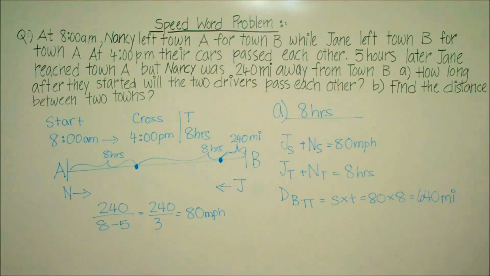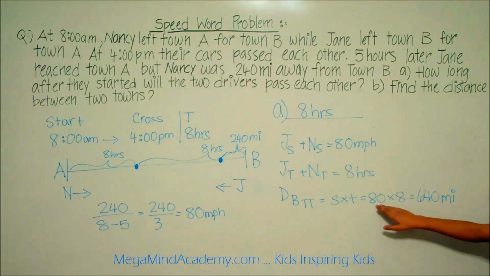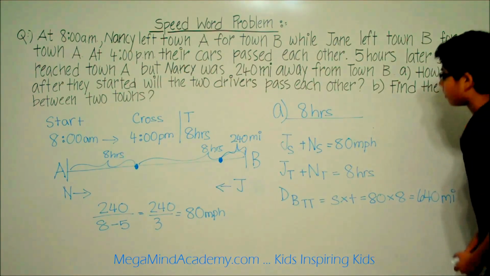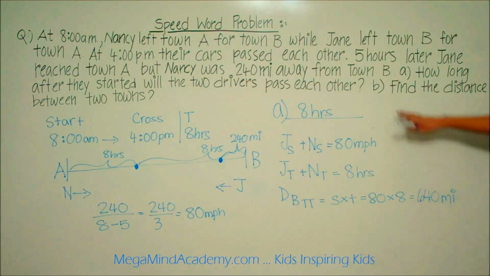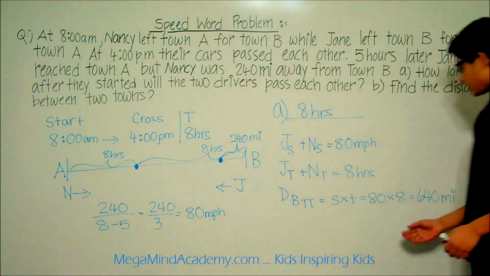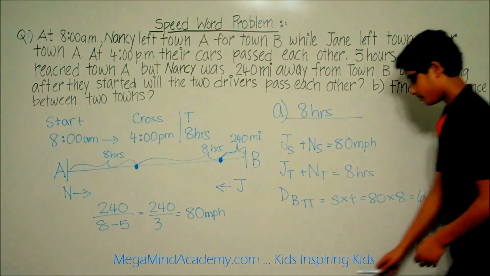So, this means, because the speed times the time, 80 times 8 is equal to 640 miles. So the answer to question B, which is find the distance between the two towns, is 640 miles.